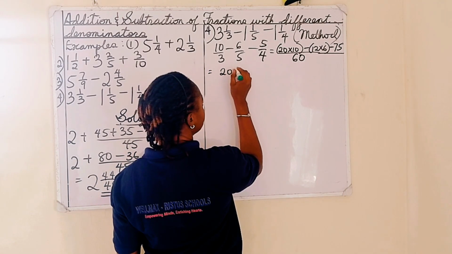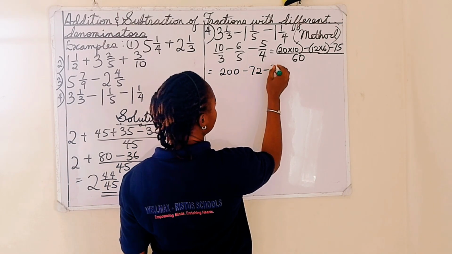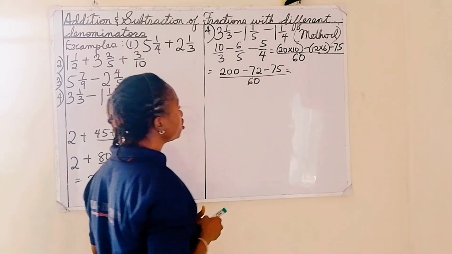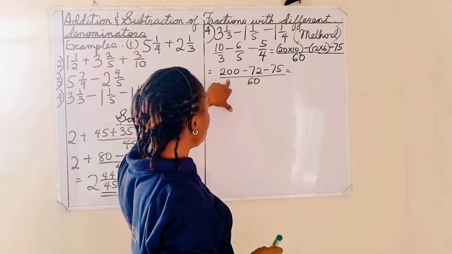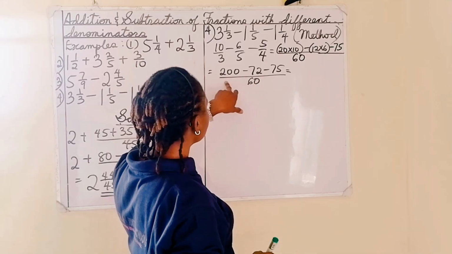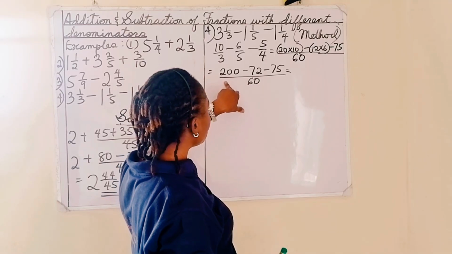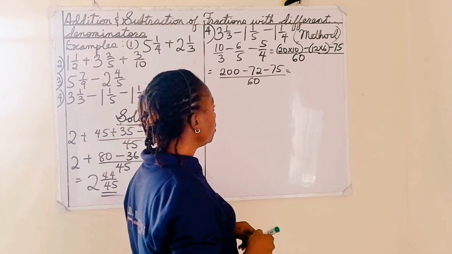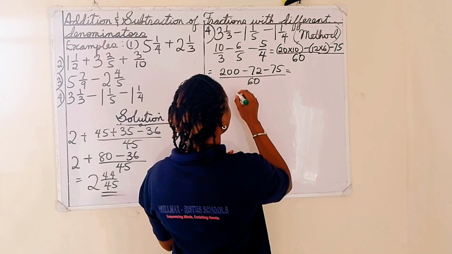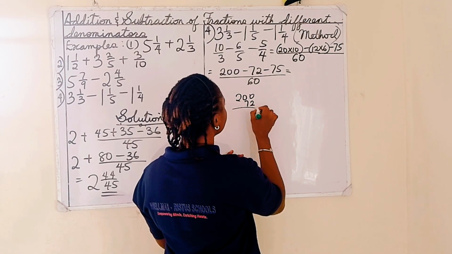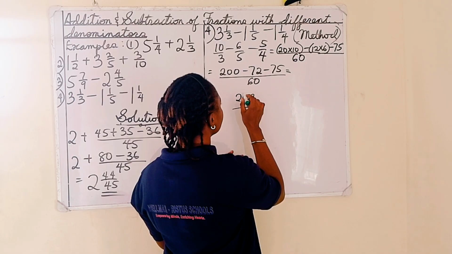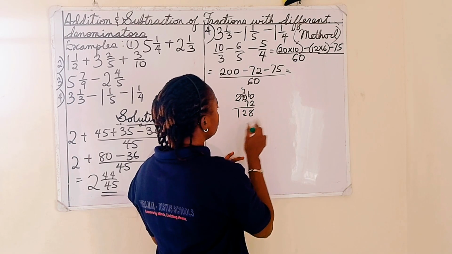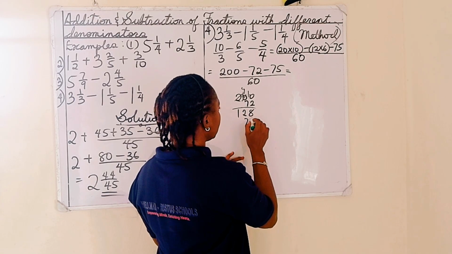We have 200 minus 72 minus 75 over 60. 200 minus 72 give us what? 128, then minus 75.